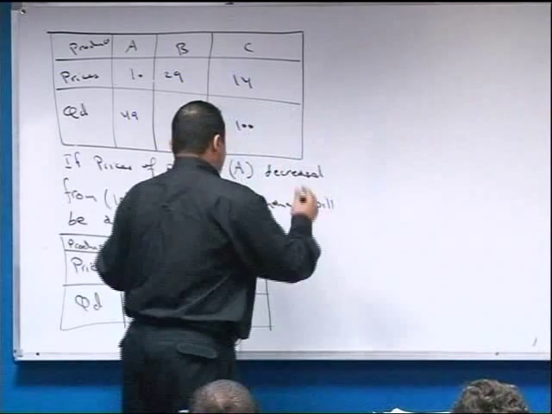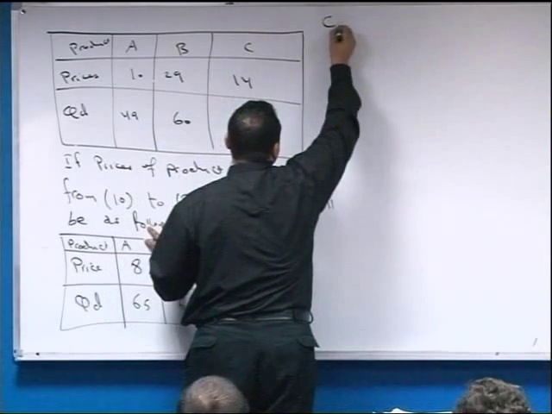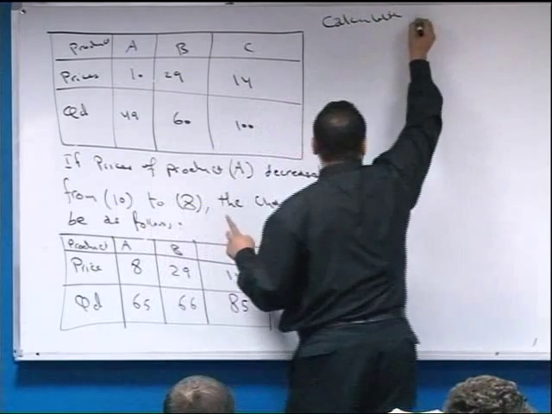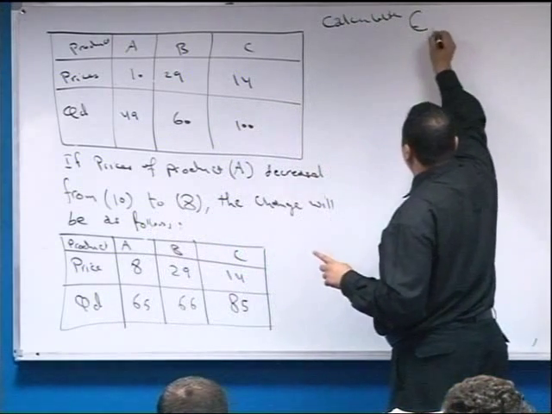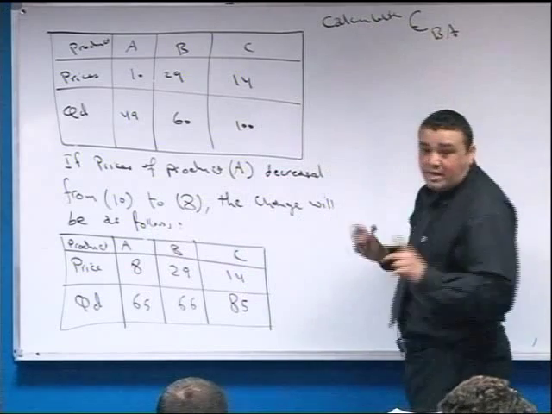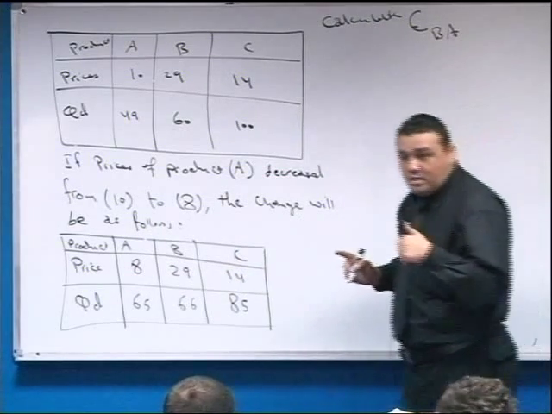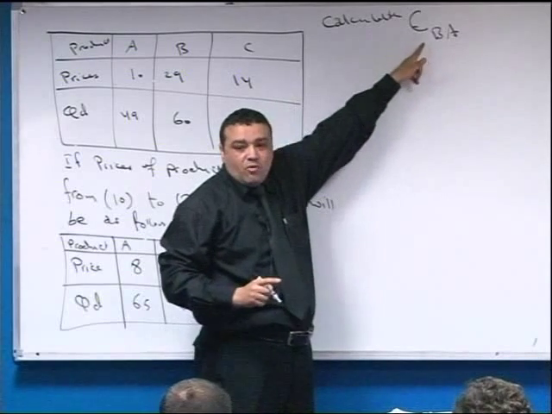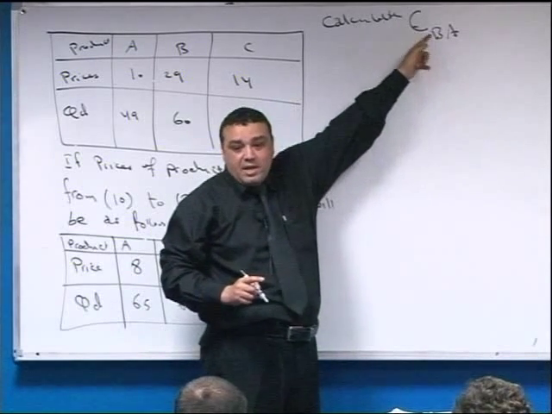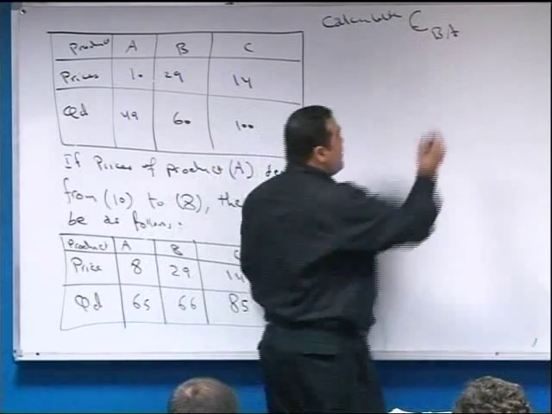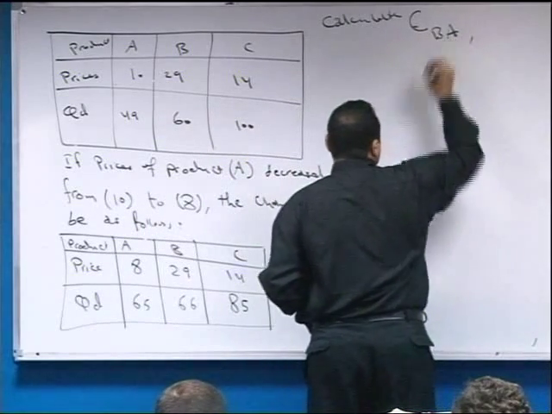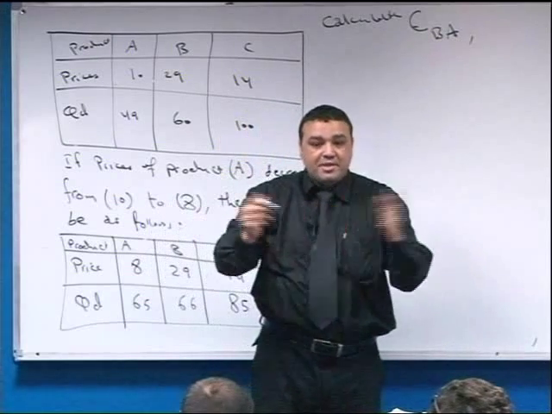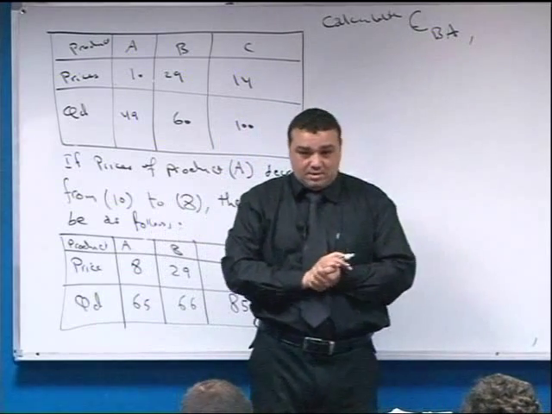So the question is, calculate the cross price elasticity of B compared to A. So EBA, and then we are going to state the relationship between product B and A and the level of elasticity. Right?